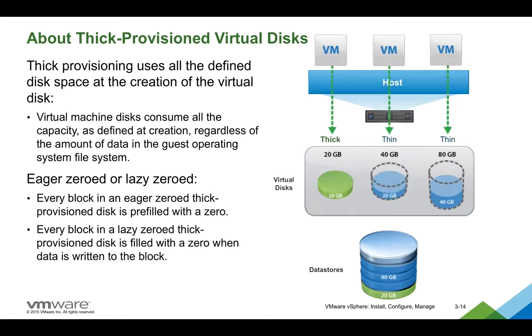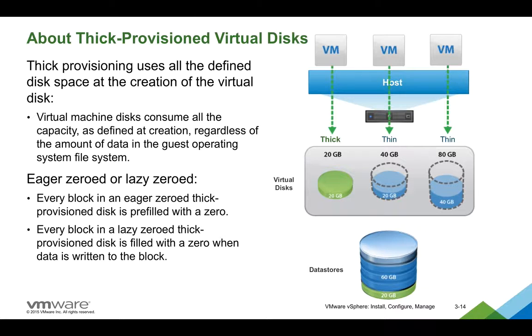Now remember, one of the things you want to be aware of is that using thick is not recommended, because although the virtual machine may grab 8 gigabytes when its operating system is installed, as mentioned earlier, upon loading it, you may only need 2 gigabytes. Therefore, those extra 6 gigabytes that were allocated to the virtual machine are now going unused and wasted and may never actually get used.